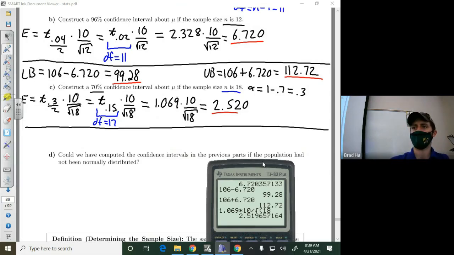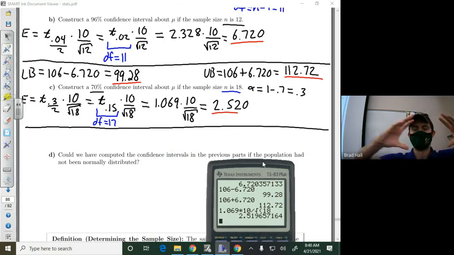But this already answers the question I posed at the beginning of this part. Notice as our confidence decreases, our error also decreases. So something interesting to keep in mind. You would be less confident about a more precise interval.